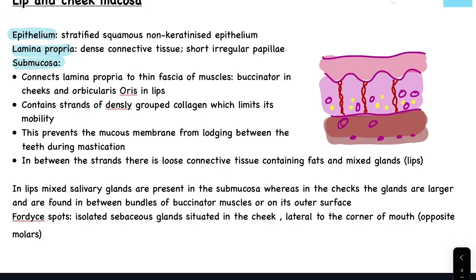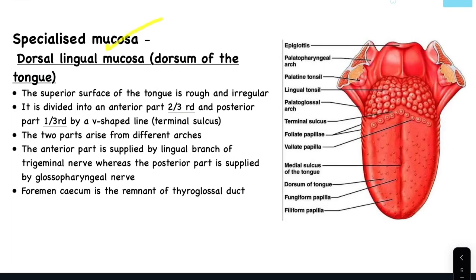Now moving ahead with the main topic, that is the specialized mucosa. Specialized mucosa includes the dorsal lingual mucosa, which is the dorsum of the tongue. So the upper portion of the tongue is specialized mucosa. The inferior portion, underneath this, was covered by lining mucosa.